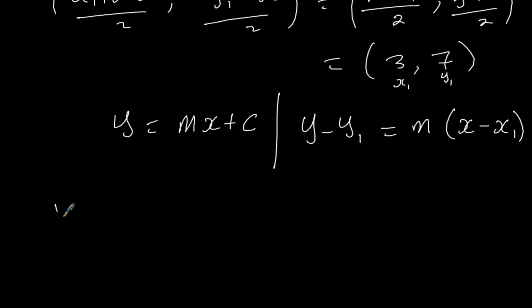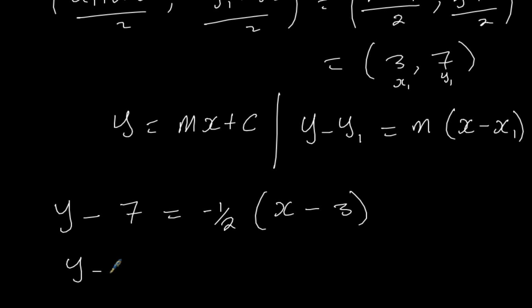So our y minus y1, which is 7, is equal to -1/2 into x minus 3 from that point. Then it's a matter of simplifying it, and you write it in that form. So we have y minus 7 is equal to -1/2 x plus 3 over 2.